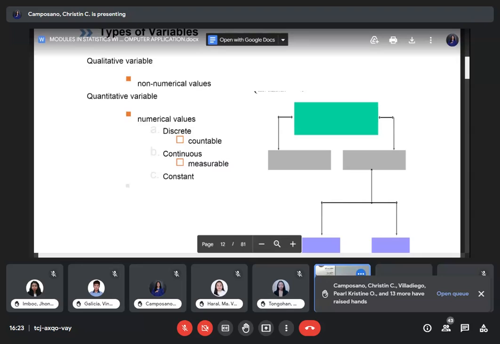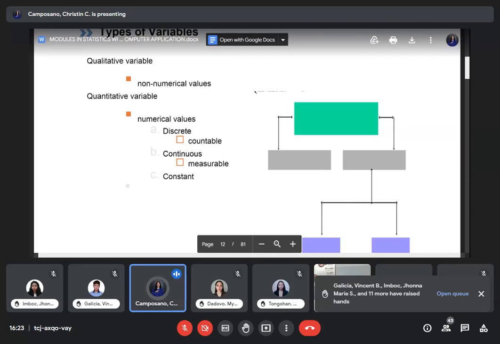Camposano, hindi ko makita yung iba. Camposano, Tongohan, Galicia, Haral, and Imbok first, okay? Ay po, sir. Yung sa akin po is yung height po and yung weight. Miss Camposano, isa-isa lang. Ang dami kong tinawag. I'm sorry po. Height po. Sige, bibigyan ko pa ng ibang examples.